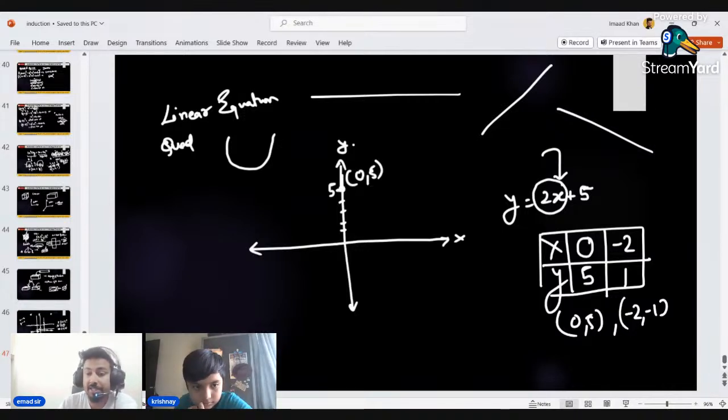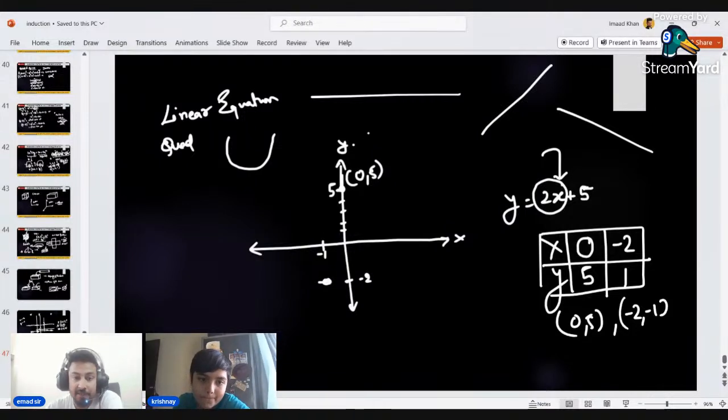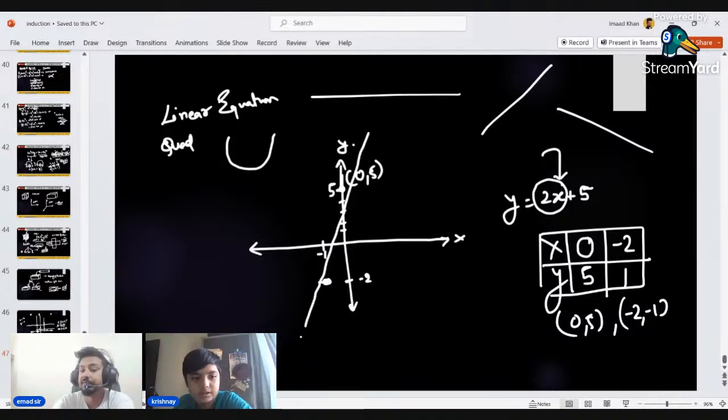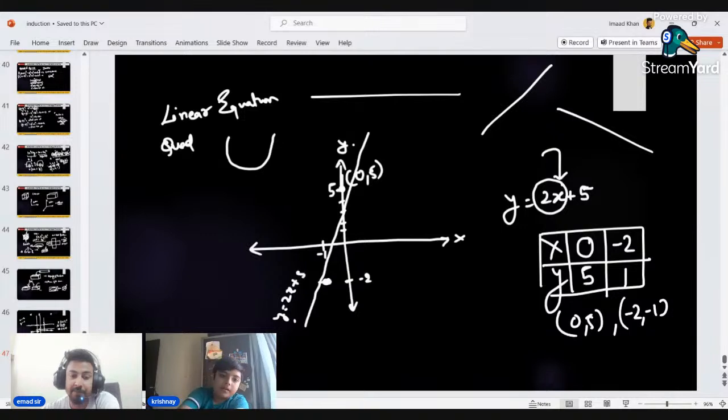Now the second point is minus 2, minus 1, somewhere around here. When you join these 2 points with a scale, we get this line. So we say that this particular line is y is equal to 2x plus 5. This is how we draw the line.